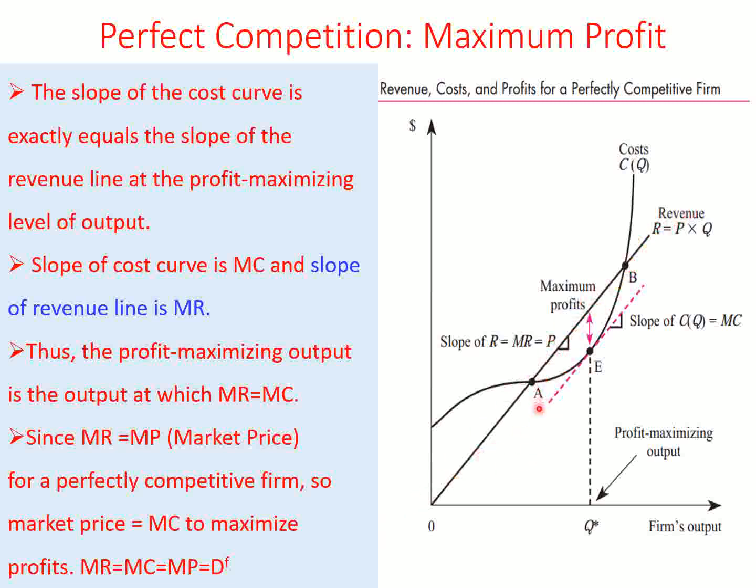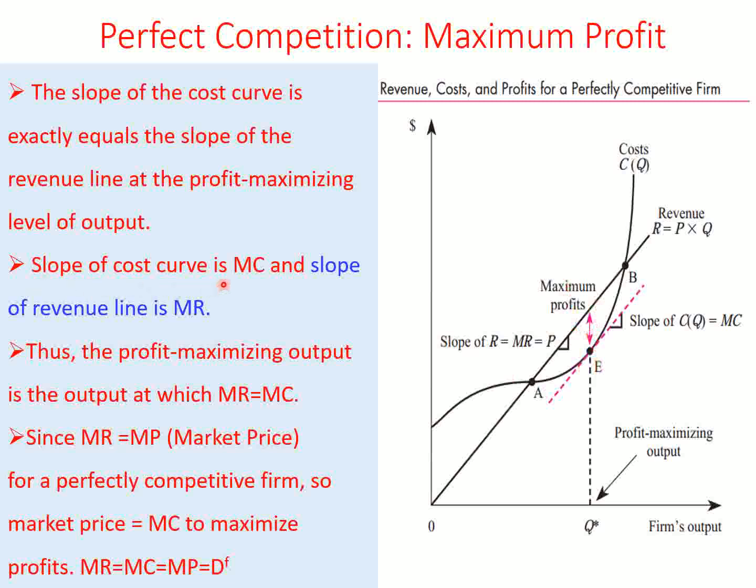The slope of this revenue line is equal to the slope of the cost curve at the point where the gap between the revenue line and the cost curve becomes maximum. That means there is maximum profit.